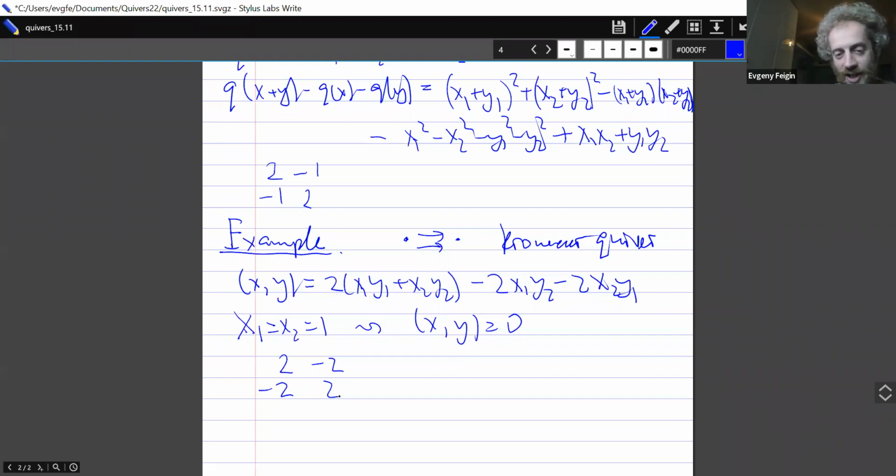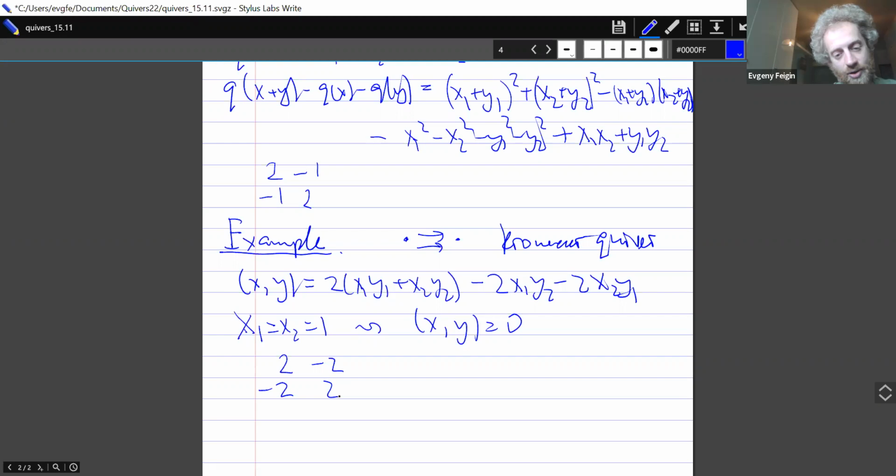Gabriel's theorem, which I mentioned at some point, says that the indecomposable representations of the ADE quivers are in one-to-one correspondence with the roots of the corresponding Lie algebra. And this is one of the ways you can define the Cartan form, or the Killing form, the Cartan matrix for the corresponding Lie algebra. But we'll get back to that. You are absolutely right, this is exactly the Cartan matrix. Okay, thank you.